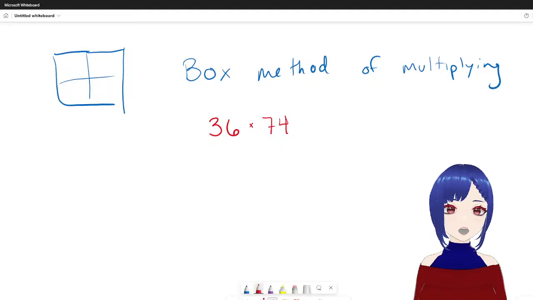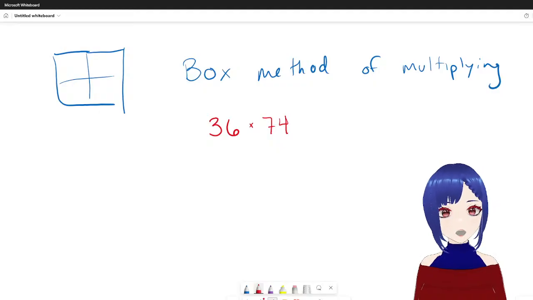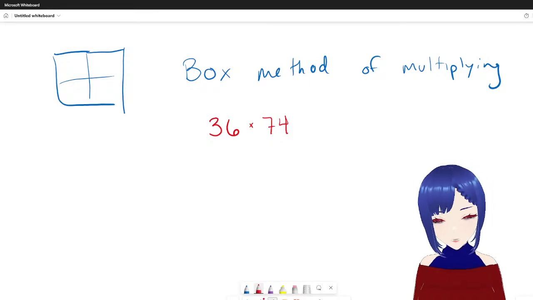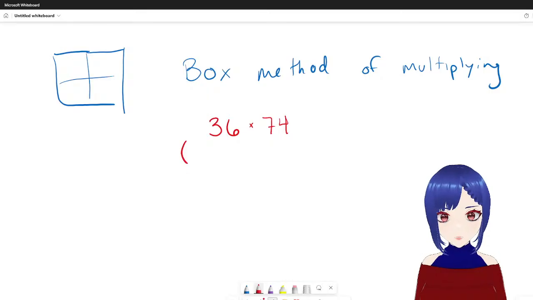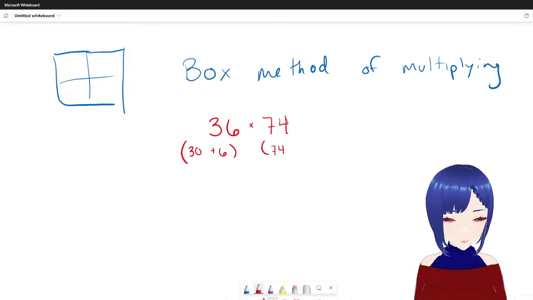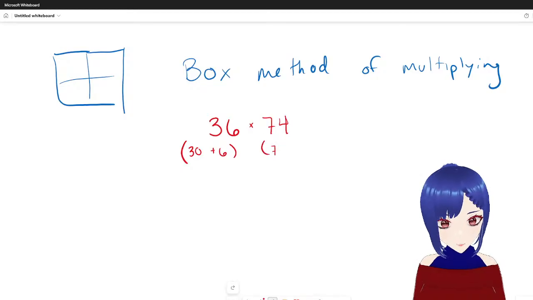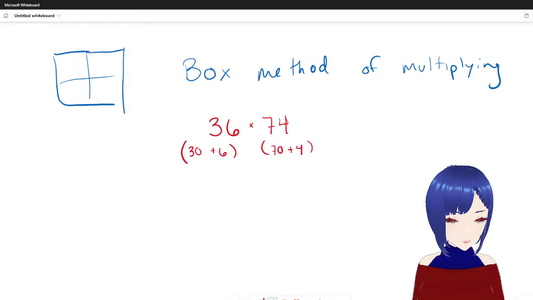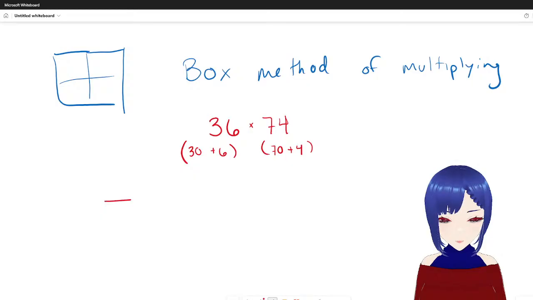We can do this because we apply the box method and we acknowledge that 36 is 30 plus 6 and 74 is 70 plus 4. So when we do the box method, we'll do it over here.